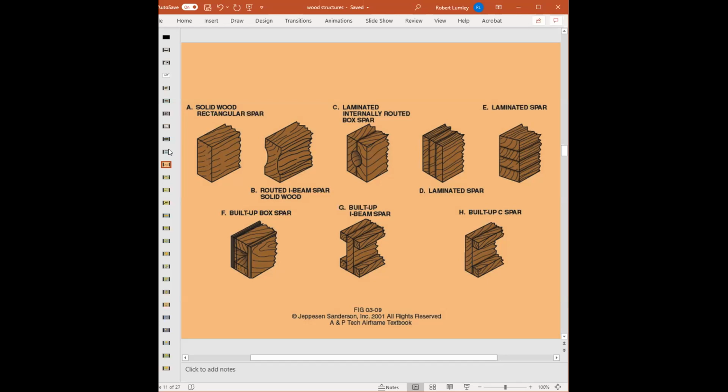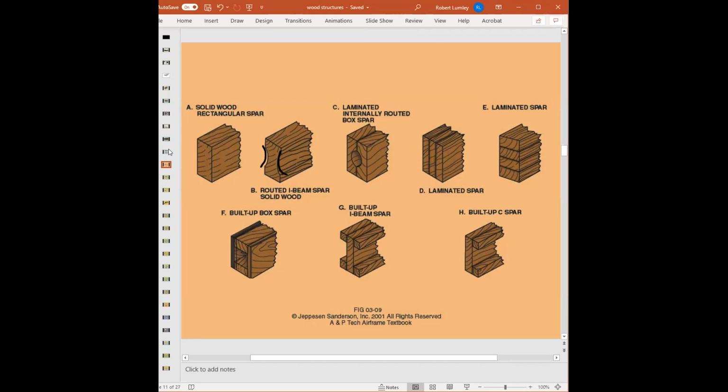Here they've routed the sides, so you can see how the sides have been removed. The whole purpose of routing the wooden spar is to reduce weight. It's very similar to like a metal structure where we put lightning holes in. Okay, so routing of the wooden spar is to reduce weight.